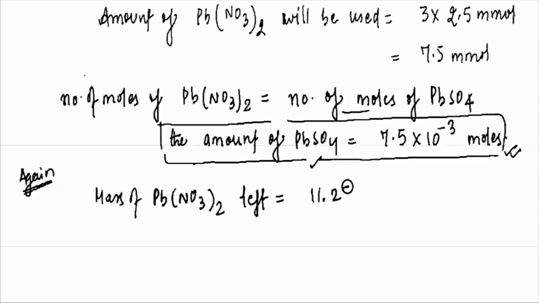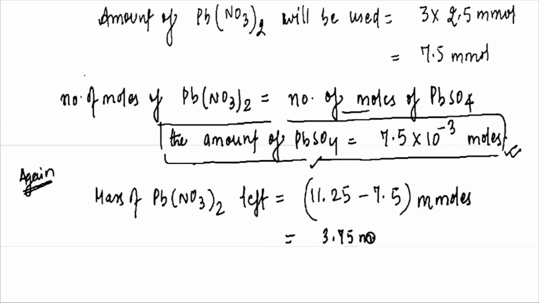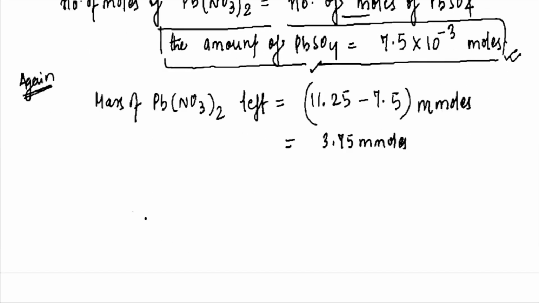So 11.25 millimoles we have, minus the 7.5 millimoles that has been used. Just a second, I'll just correct it. Yeah, so this is millimoles. So this will be equal to 3.75 millimoles.